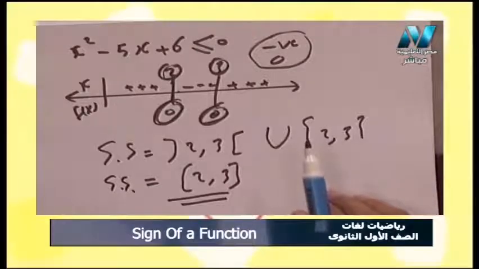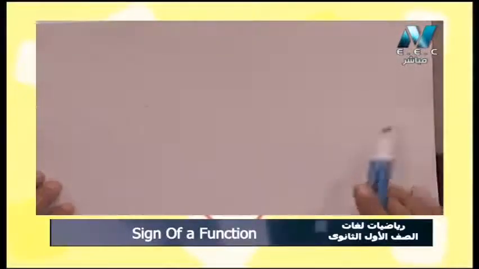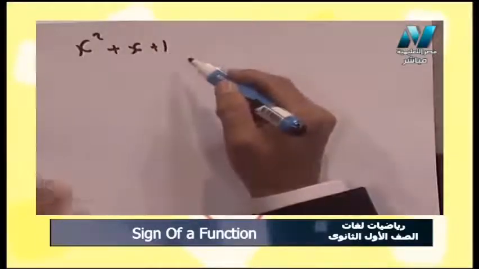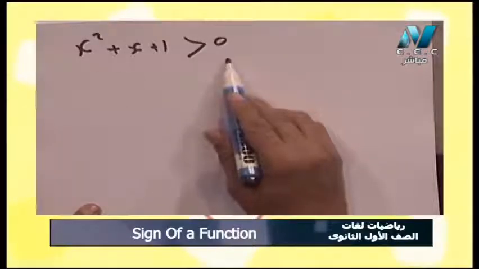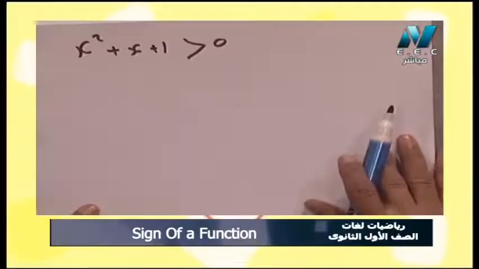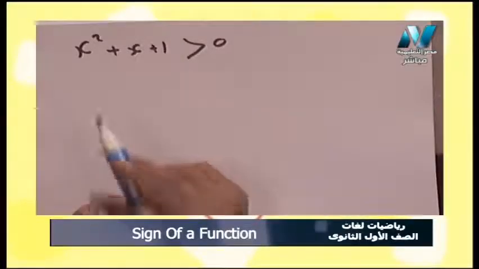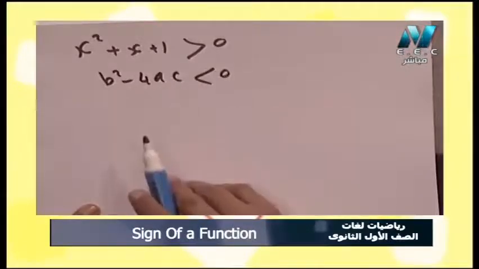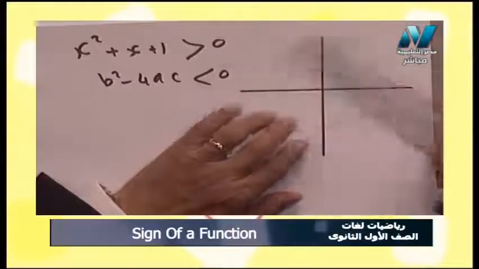We would like to find out another solution. If we have x power 2 plus x plus 1 and we would like it to be greater than 0, solve this inequality in R. We know that this has no real roots, because b power 2 minus 4ac is less than 0, and graphically this function will be upward, above the x-axis, like that.